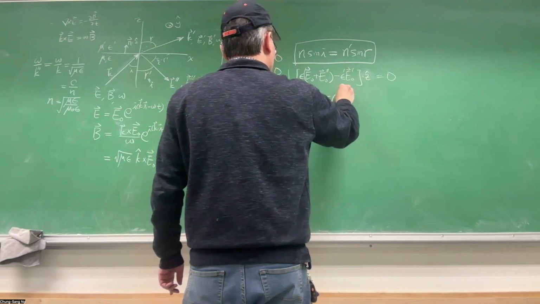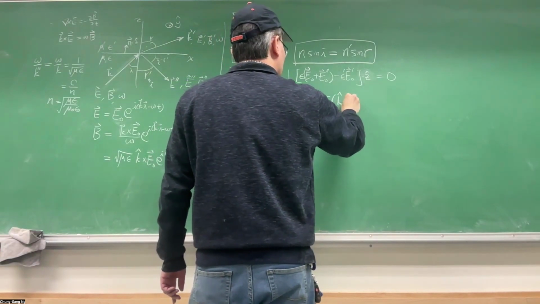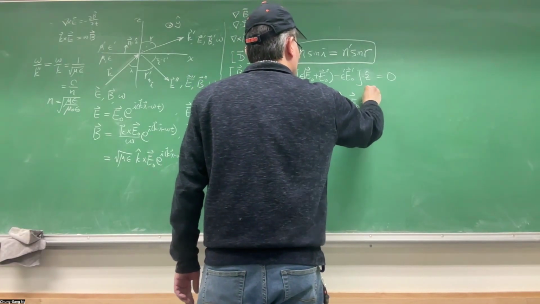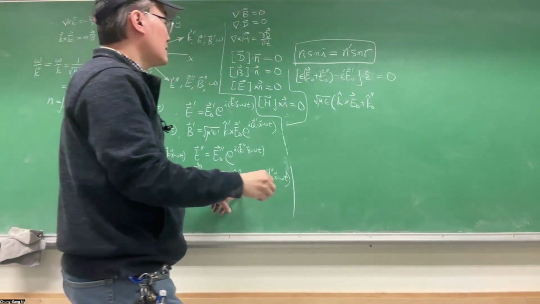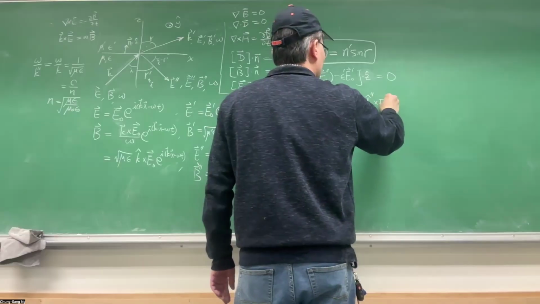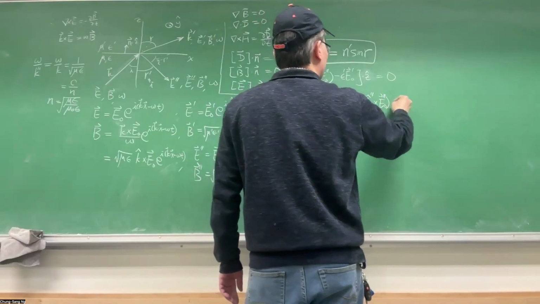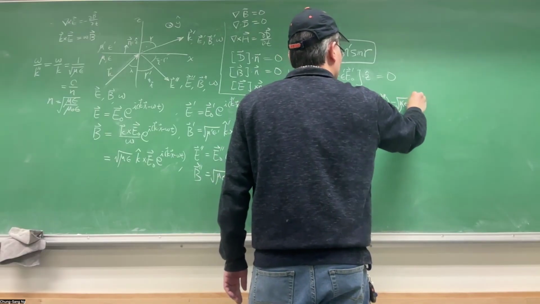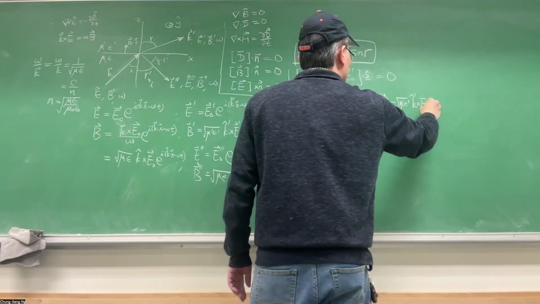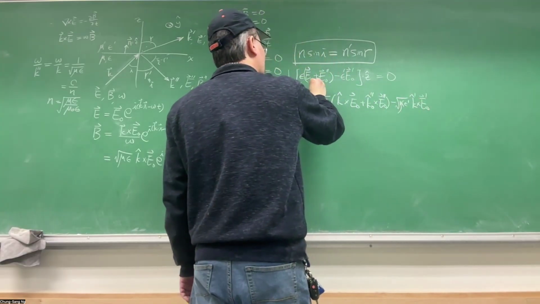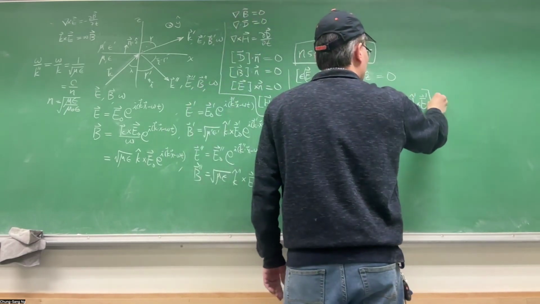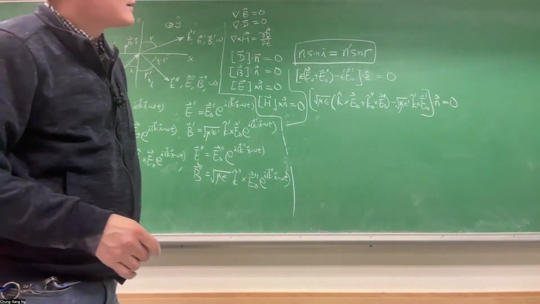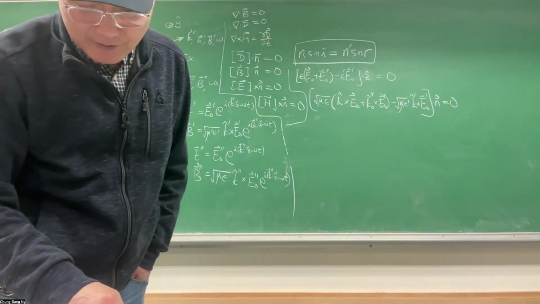They have K unit vector cross E sub 0, and you have K double prime cross E double prime here, and then subtract the upper medium, mu prime epsilon prime, K prime cross E prime. And this whole thing, dot n, equals 0. n is a z, n is just a z.